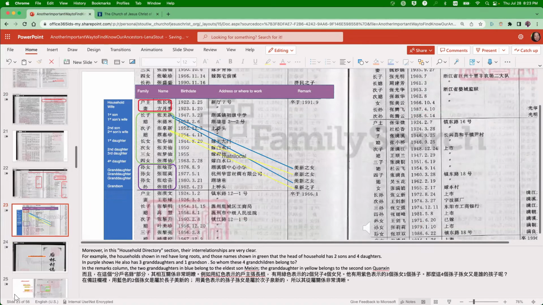Look at this: a household head and his wife, his first son's wife, second son and second son's wife, and grandchildren here. The remark part says which kids belong to the first son and which to the second son.